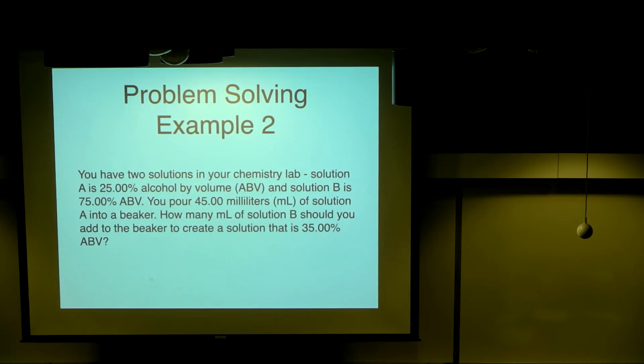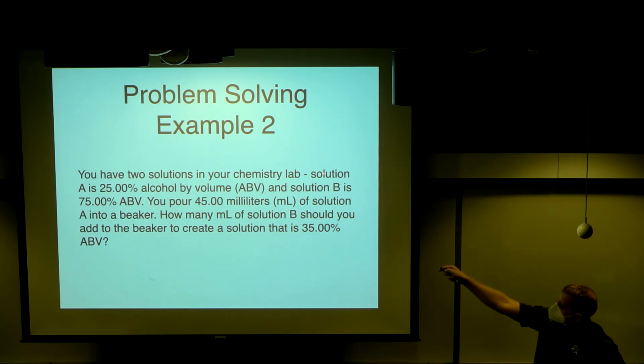Let's do a more complicated one, okay? So now that we've got the definition of what it means to have a certain percent ethanol by volume, or in this case, we're going to use alcohol by volume. Let's imagine mixing two different solutions together in a beaker. So in this problem, we are in the chemistry lab, and we have a solution, which I'm going to call solution A. It's 25% alcohol by volume.